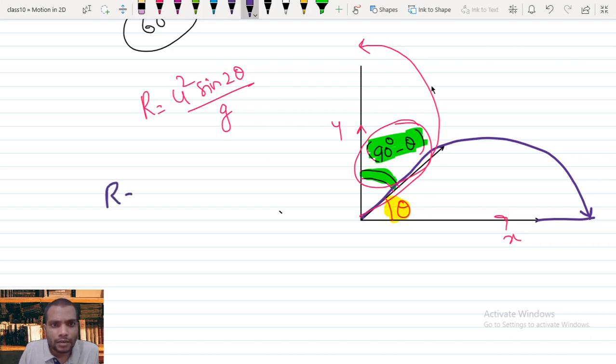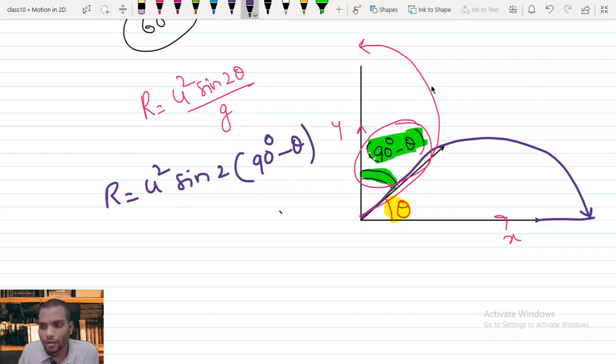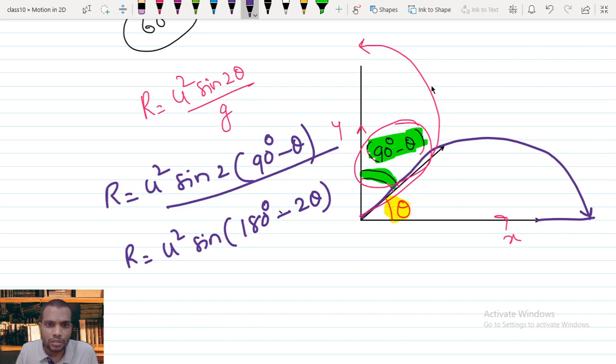Because range R equal to U square sine 2 of, now instead of theta, I will substitute 90 minus theta. Okay, now R equal to U square sine, if I multiply 2 times 90, that equals 180 degree minus 2 theta, upon g.